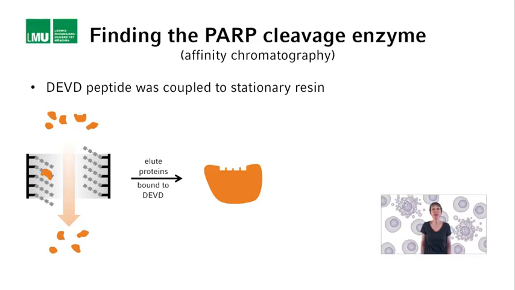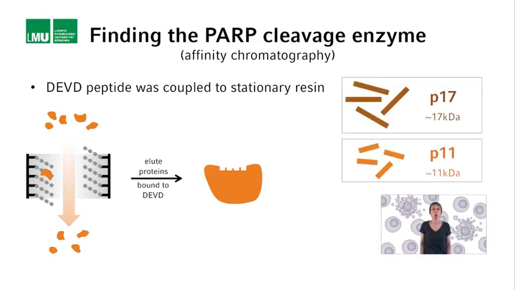Chromatography that takes advantage of the abilities of two molecules to interact is also referred to as affinity chromatography. When they checked on a polyacrylamide gel how many proteins there were that could bind to DEVD, they found only two. One of a molecular mass of around 17 kD and one of around 11 kD.